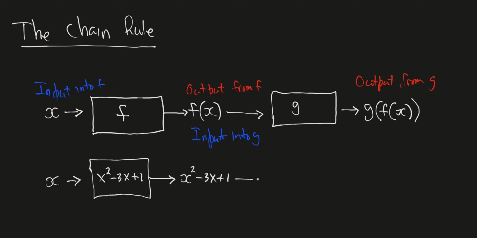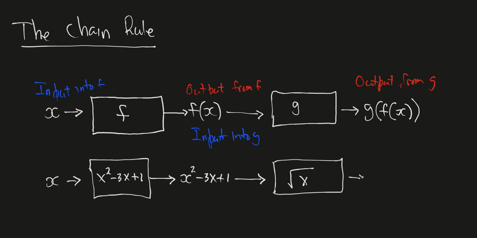But then suppose you had another function that was like a square root, right? So you had a root. Well, what it would do is say, whatever you plug into me, I'm going to take the square root of it.